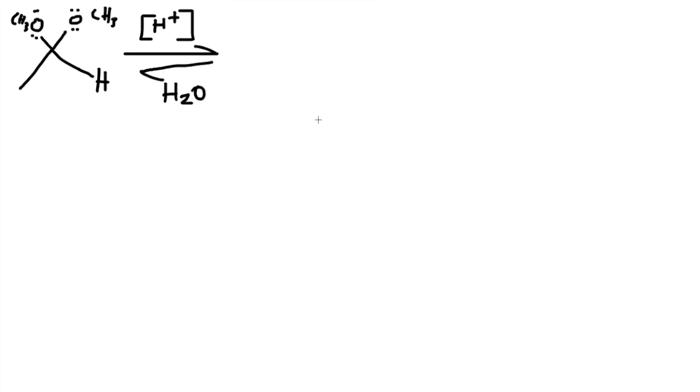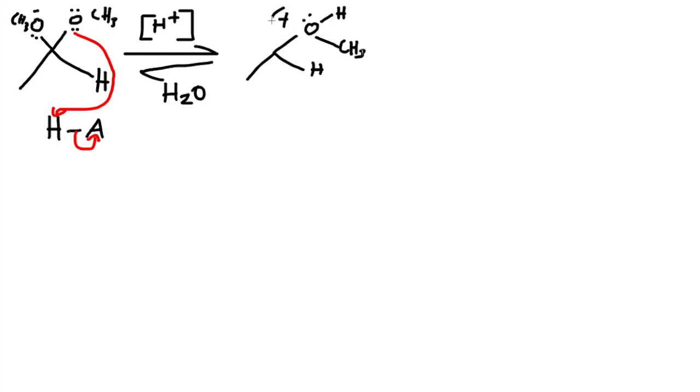We form an aldehyde. So we start off with the acid coming in. It grabs the hydrogen, kicks off the A. Now we have this forming with a positive charge on the right. From here, it forms a double bond and kicks off the methanol.